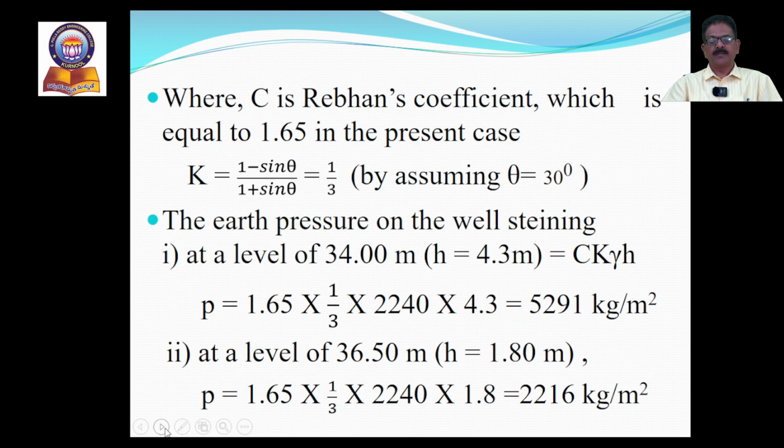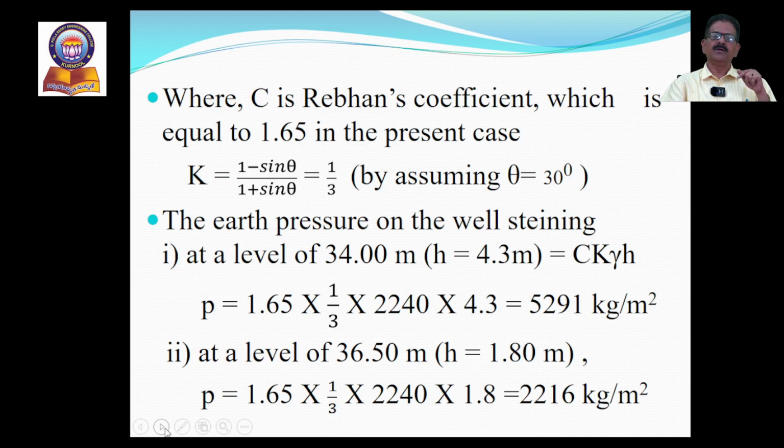See here, the earth pressure on the well steining, first at the level of 34 meters, that means the bottom of the well. Here the H is considered from the top of the well only. The radial earth pressure, of course, is due to a sloping surcharge of the 2:1 tank bund slope, but we are going to consider the earth existing by the side of the well up to the top of the well only.